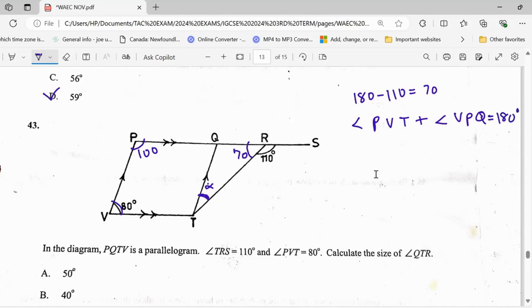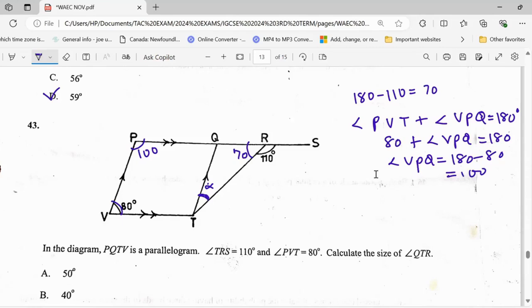They are called co-interior angles. So they will add up to 180 degrees. So since we have PVT as 80, we can get angle VPQ by subtracting 80 from 180. If we subtract 80 from 180, we have 100.